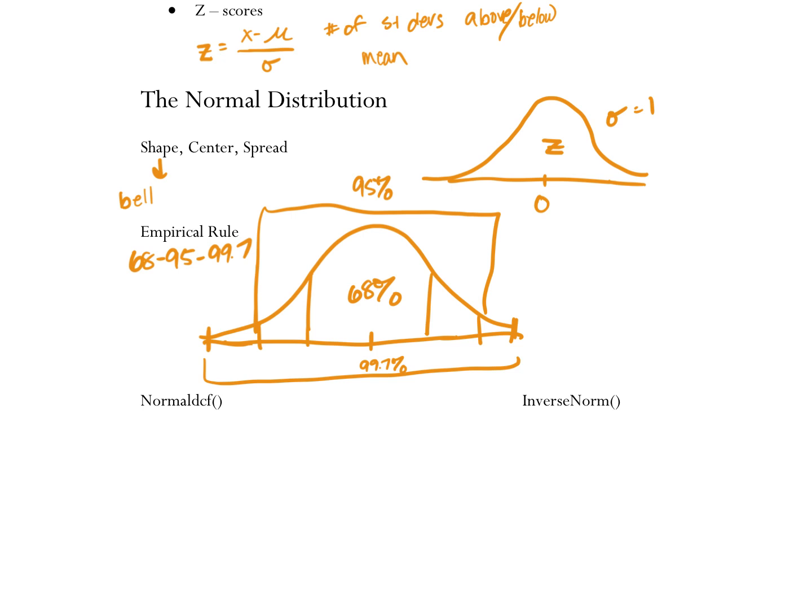So if I gave you a normal curve or a normal histogram and I asked you to approximate the standard deviation, what you could do is the range divided by 6. Is everybody good?